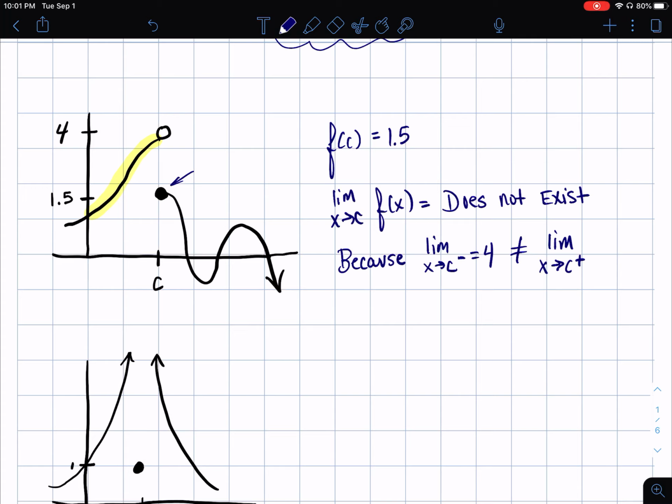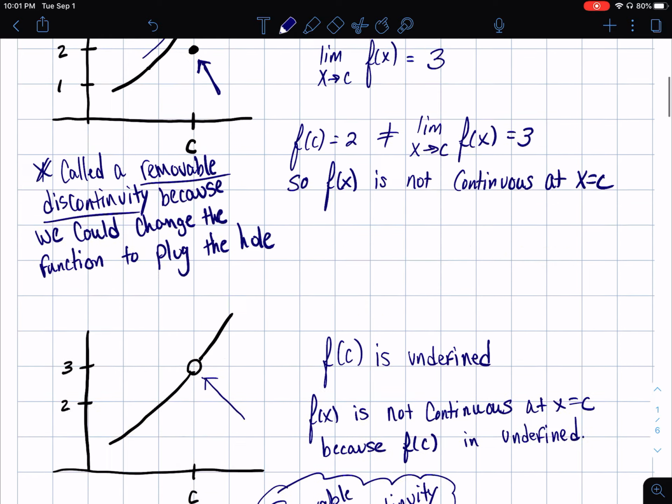That little plus sign is saying the limit approaching from the right side. So this right side limit, as we approach from the right, is approaching 1.5. I should have put f of x here. So those do not equal each other.